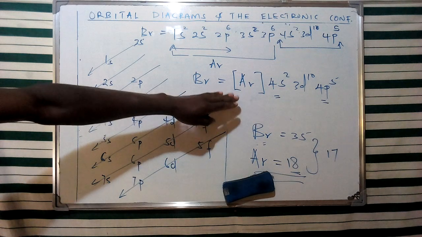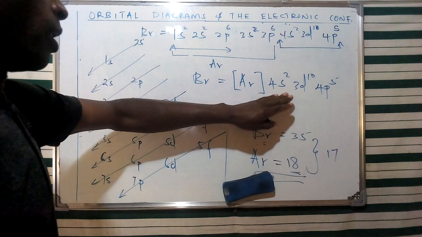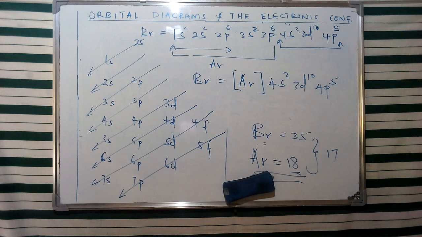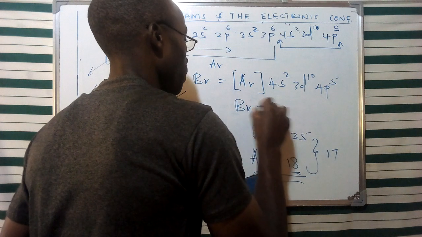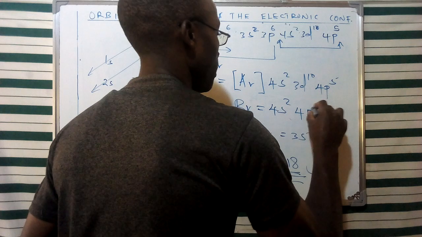And of course, we can have this one using the valency configuration by trying to show the s and p configuration. And this, of course, is going to be referred to as the valency configuration. Now, therefore, bromine can be written in terms of the valency configuration as 4s2 and 4p5.